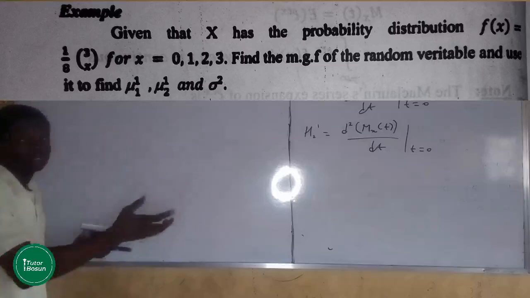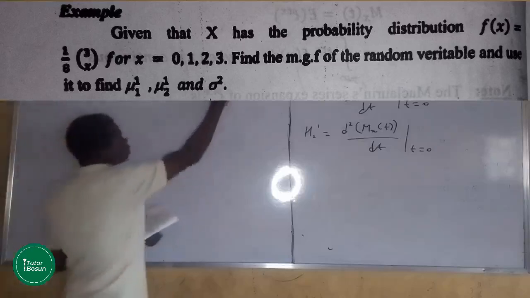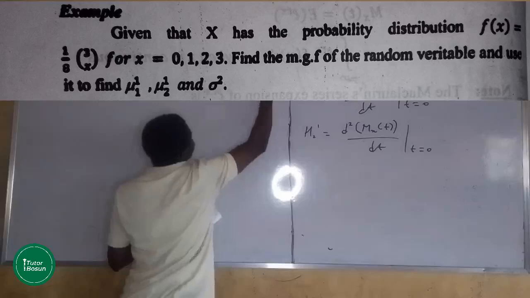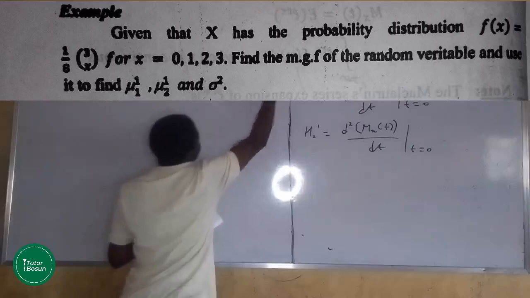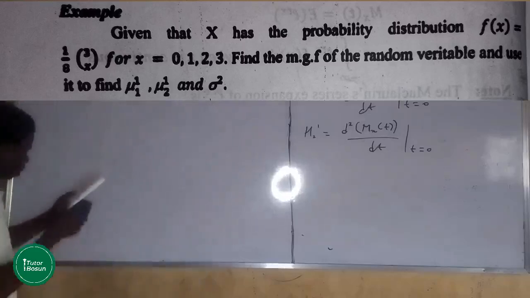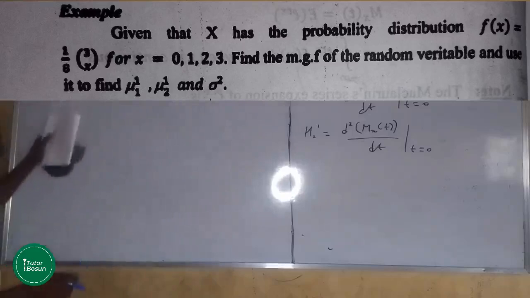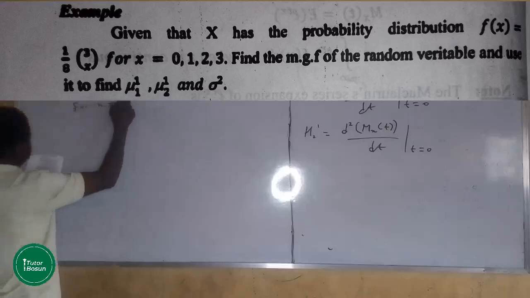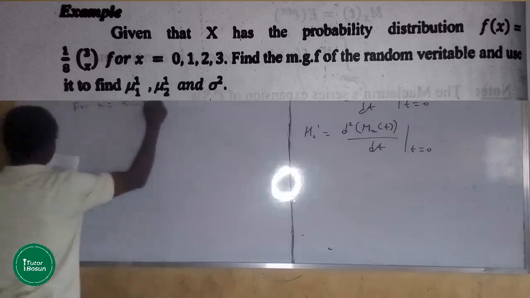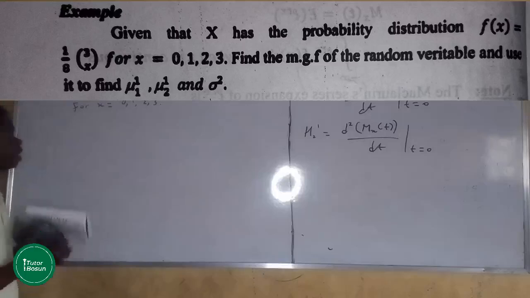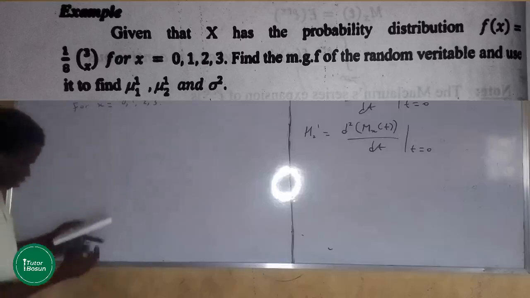Your n combination r, don't forget, can be written as n, r stacked. The same thing applies to this. So that's your probability function for x equals 0, 1, 2, 3, and that tells you that this is a probability function since x is discrete.